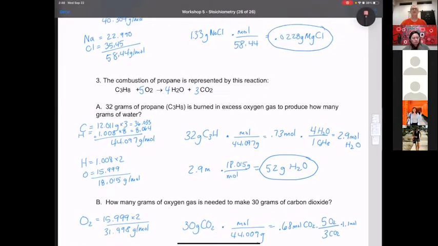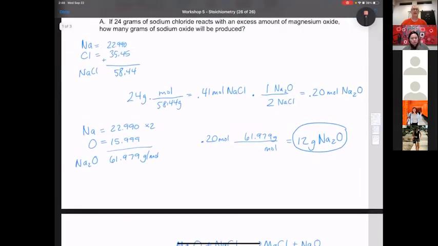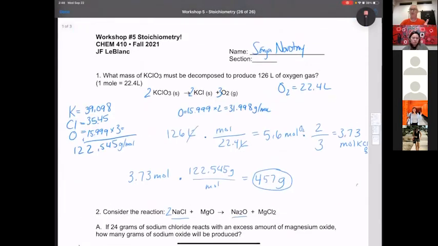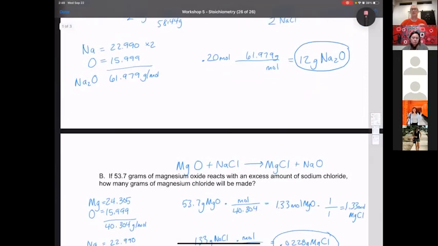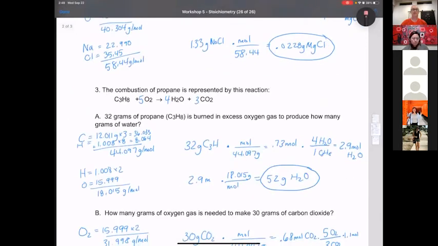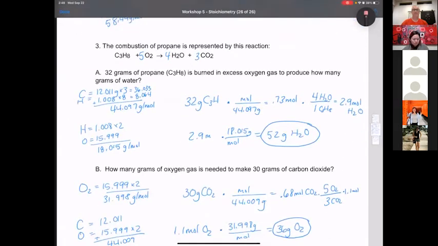I was showing that if the hydrocarbon has an even number of carbons, it makes it a lot more difficult to balance than if there's an odd number. If you have an odd number of carbons, it's a walk in the park to balance. If it's an even number, then it's more difficult. So I was just showing you the trick: just multiply everything by 2, and you're good. Got it. Okay, thank you.